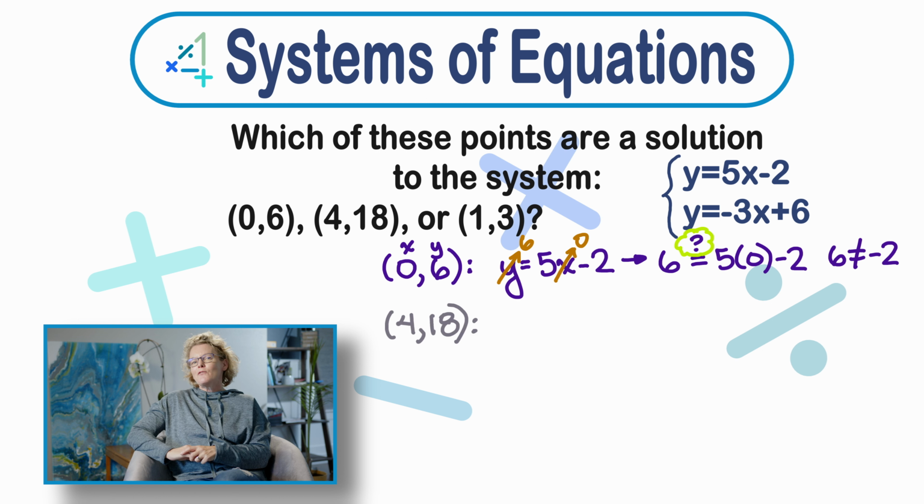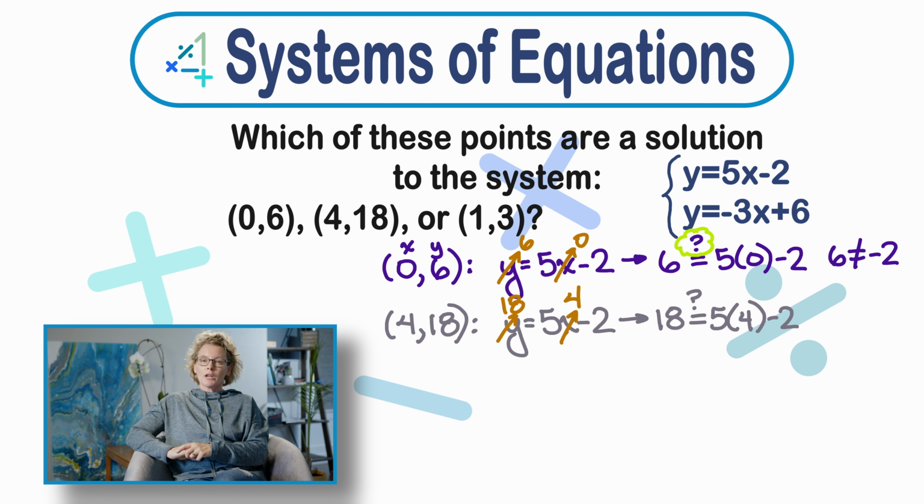Next, trying (4, 18), we put it into y equals 5x minus 2, for 18 equals 5 times 4 minus 2. 5 times 4 equals 20. Does 18 equal 20 minus 2? Yes.